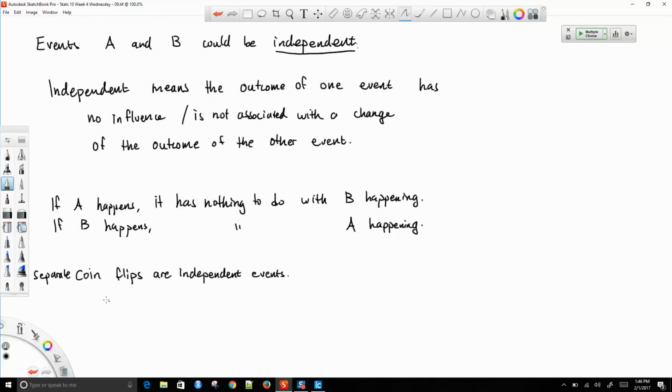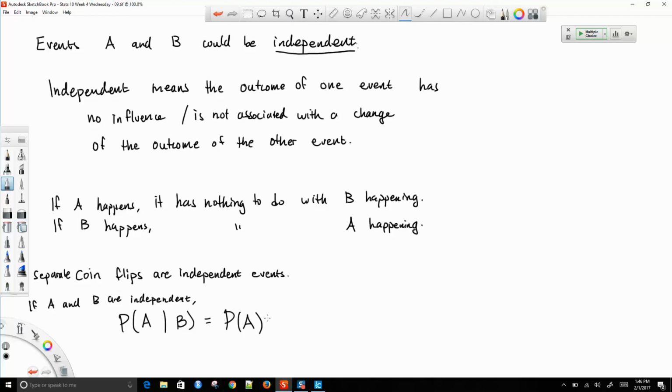Okay, so with that in mind, what would the probability of A given B be equal to? If A and B are independent, then the probability of A given B will equal the probability of A. Exactly, okay?